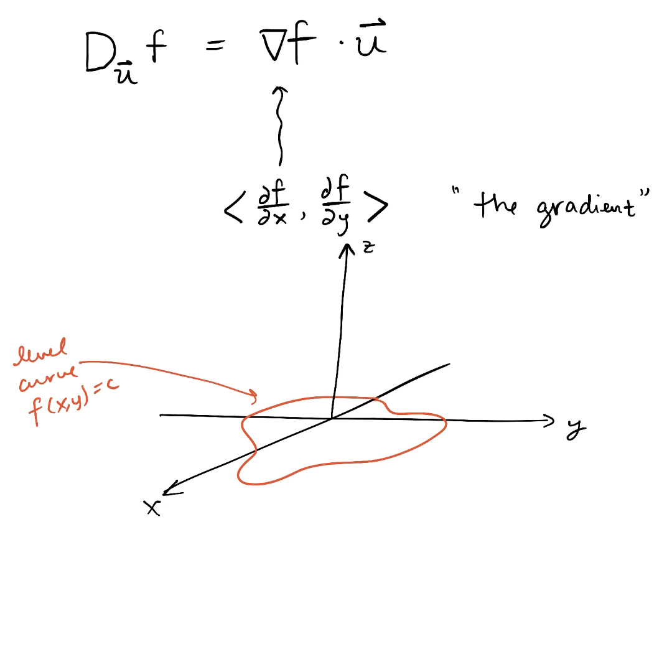So floating above that level curve and living on the actual surface, z equals f of x y, you would have outputs all at the same height. So these are directly above the corresponding inputs down there, and they're all at constant height.